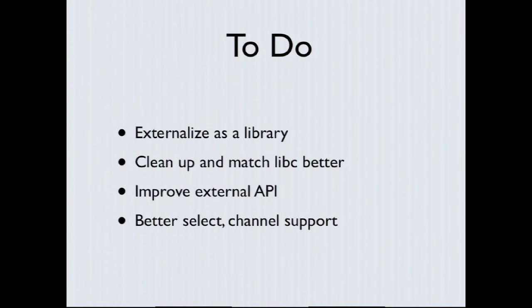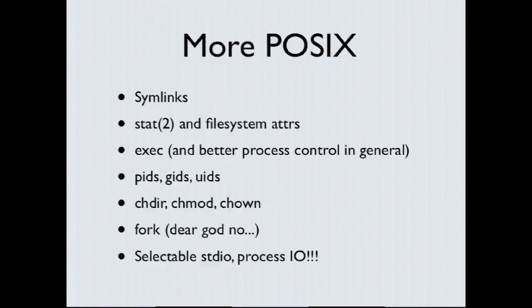We want to clean up and match libc better. Try and just actually build out all of the different file descriptor and FILE star functions semantically so they match exactly what libc would do in those cases, but wrapped around channel. Improve the external API. It's kind of grown organically, so it needs a little cleanup. And better select and channel support, which I'll show in a little bit, how we're actually going to try and do selects on non-selectable channels.